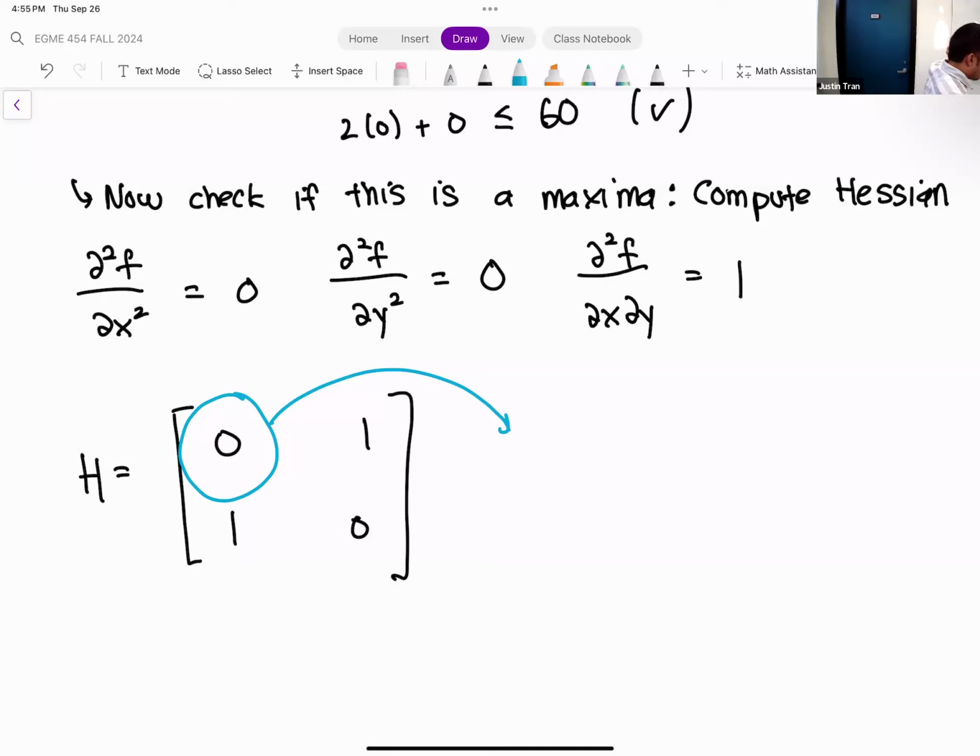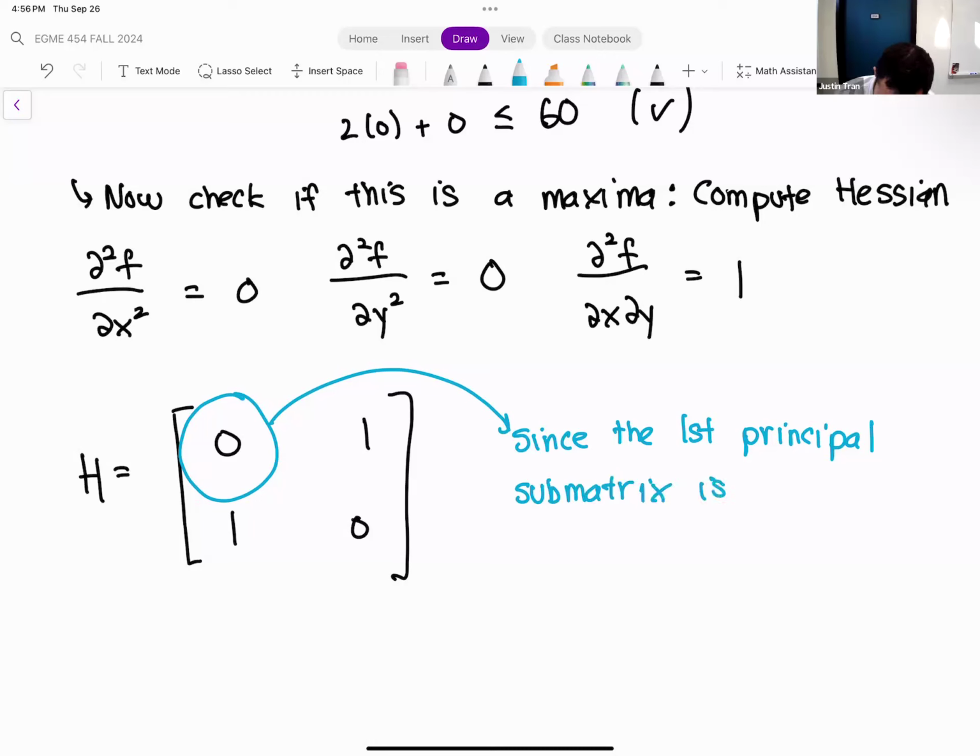Remember, the top left entry of the Hessian matrix is significant because that is our first principal submatrix. The fact that it's 0 means that it's not a positive number, nor is it a negative number. This means that our point here is neither a max nor a min.